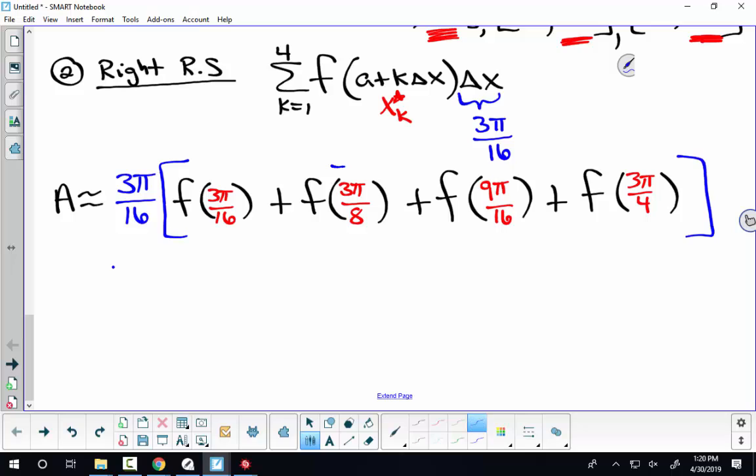Okay, so really that's 3 pi over 16. Our function was the sine of 2x, so this is the sine of 2 times that quantity.